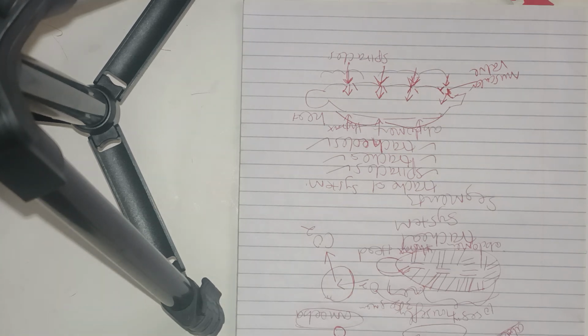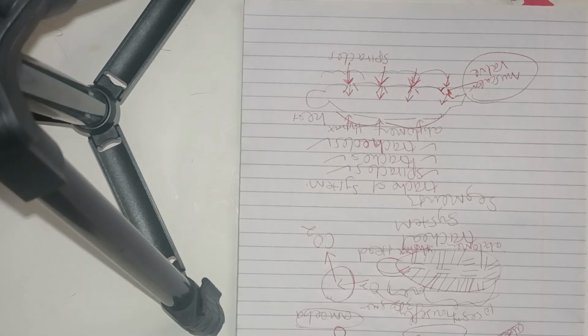So that is to tell you that spiracles don't just stay open throughout as the insect takes in oxygen and takes out carbon dioxide. The opening and the closing of those spiracles is controlled by the muscular valve. So the muscular valve can either contract or relax. Look at this.